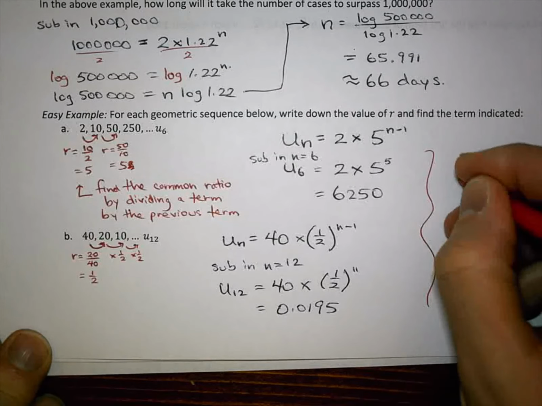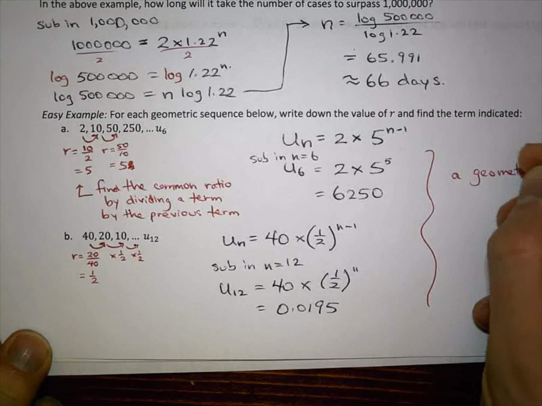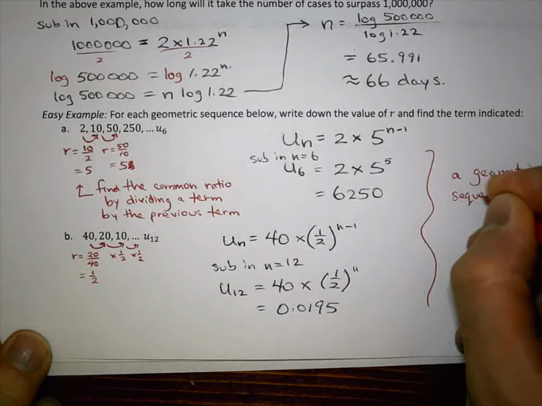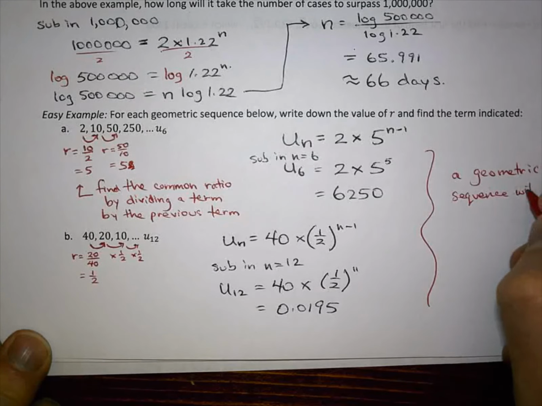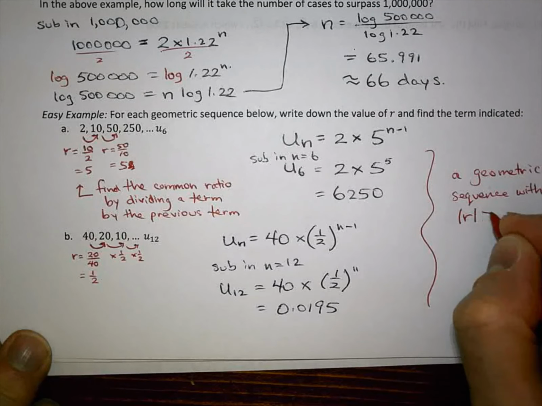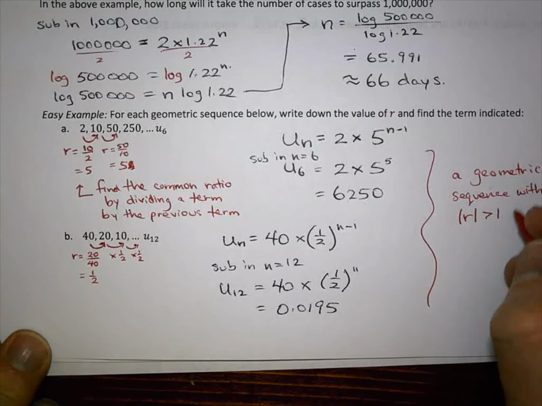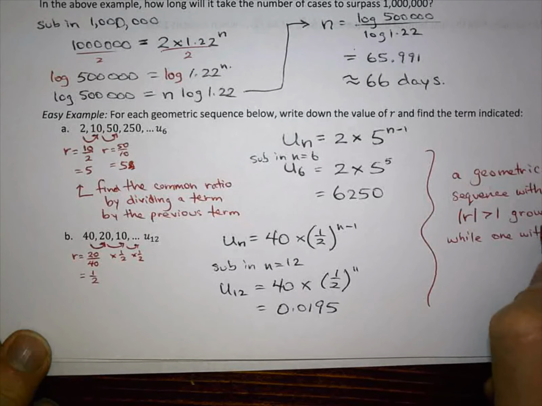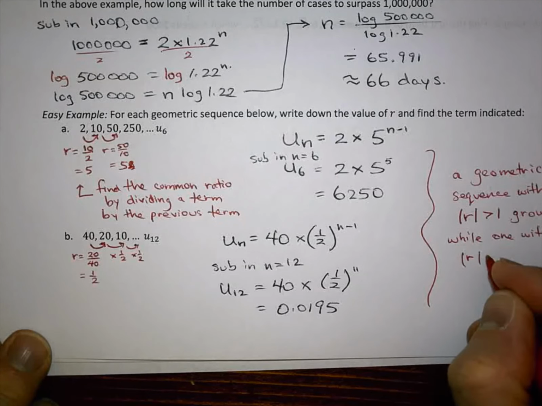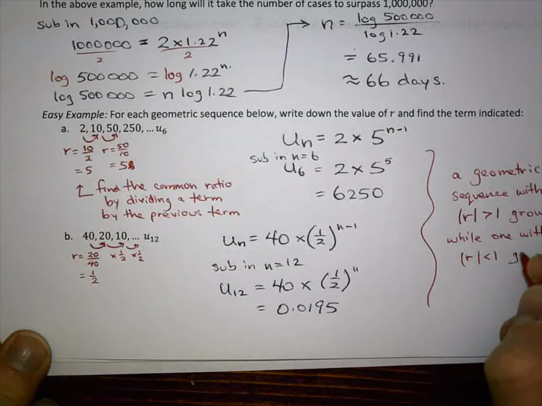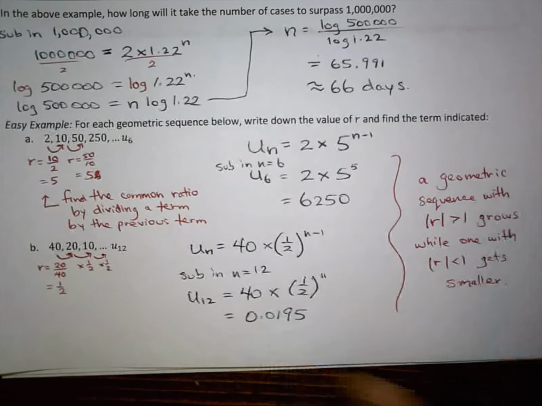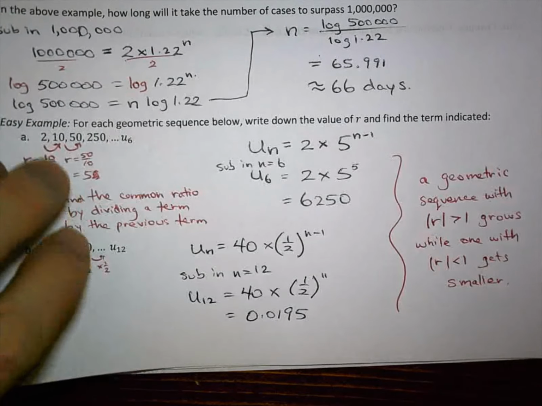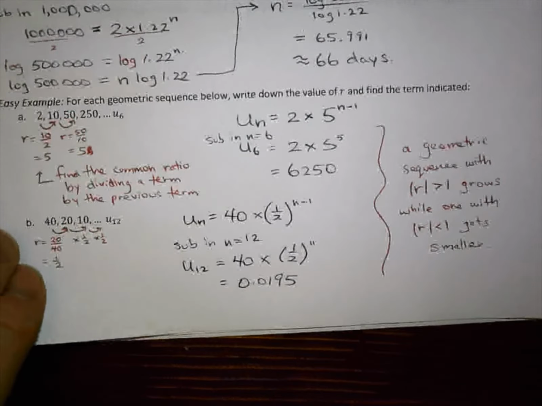So a geometric sequence with absolute value r greater than 1 grows, while one with r less than 1 gets smaller. At least the values get smaller. That's a little thing to note because we'll be coming back to that in a few lessons. Let's continue.